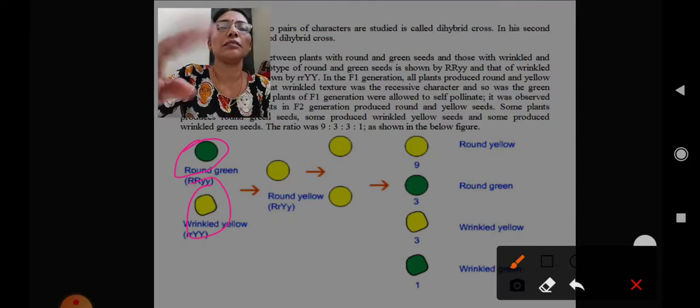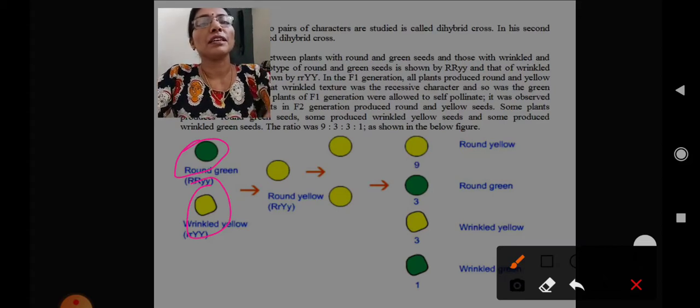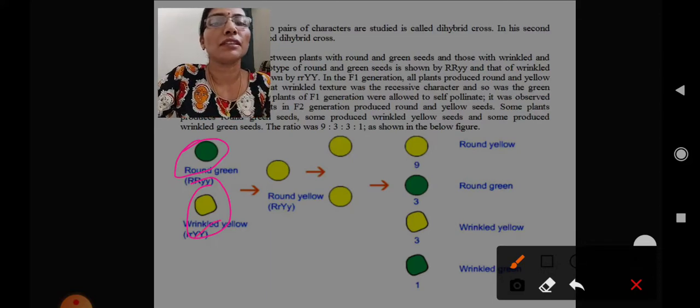At the same time, carefully look at the shape or texture of the seed. You can see yellow colored seeds are wrinkled and green colored seeds are round. So we say round green seeds and yellow wrinkled seeds.